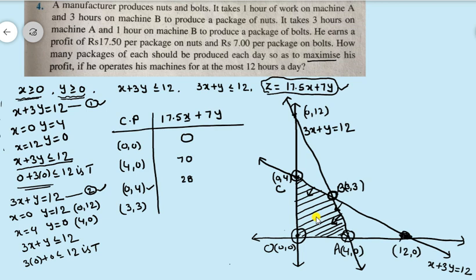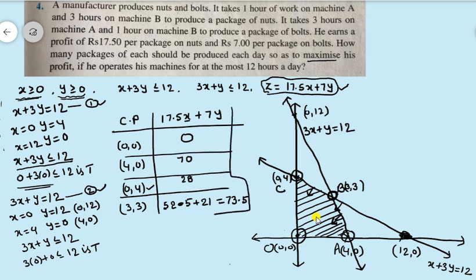Next case, what happens? 17.5 into 3, you will get 52.5, plus 7 3s are 21, that is equal to 73.5. Among all these values, which value is the maximum?